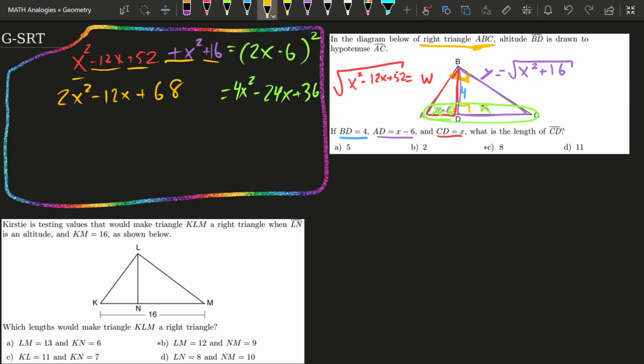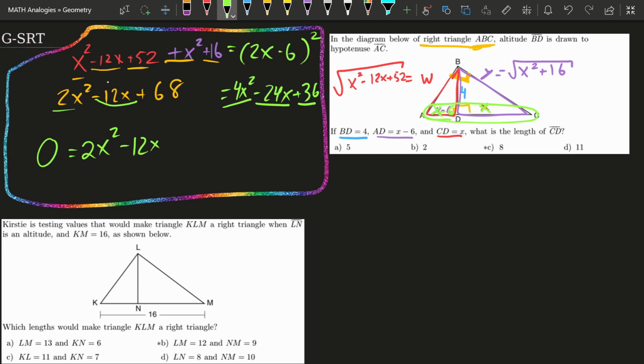So it looks like we're getting close to solving for x. Let's move everything to the right hand side. So I'll say 0 equals, we have 4x squared minus 2x squared. We have negative 24x plus 12x, so that's a negative 12x.